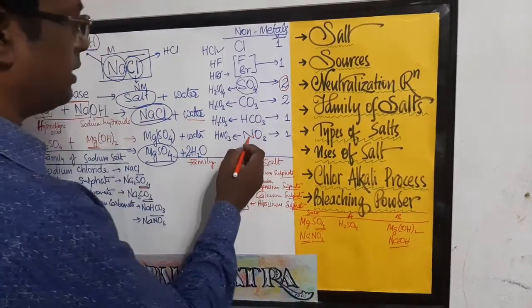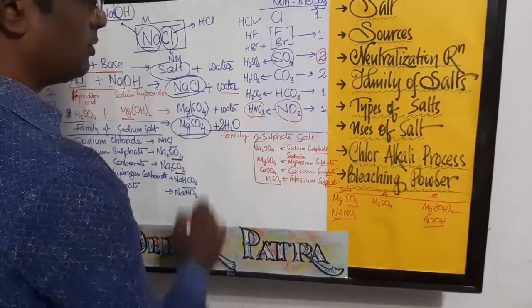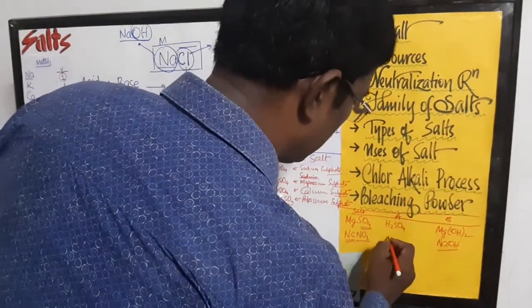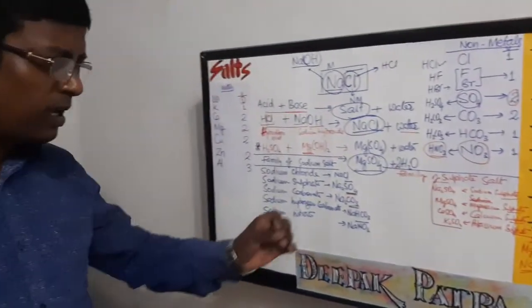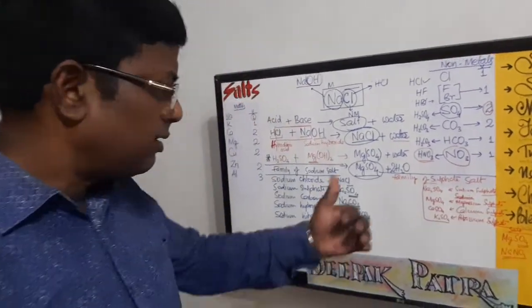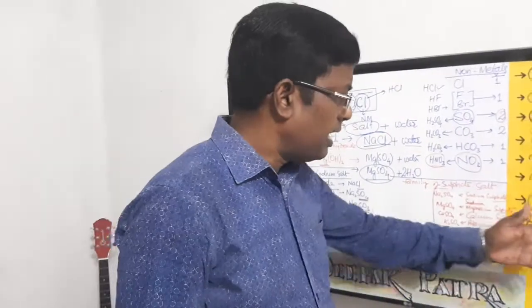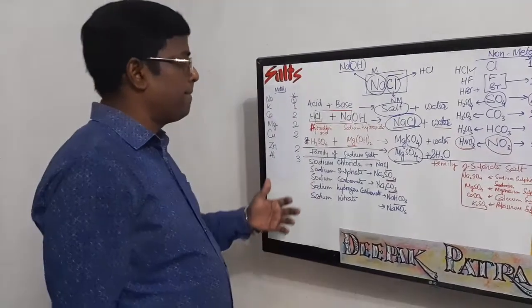NO3, just check here, belongs to nitric acid. So it's HNO3. So easy. You pick up any salt, you can easily go back and tell the parent acid name and the base from which that particular salt has been made.